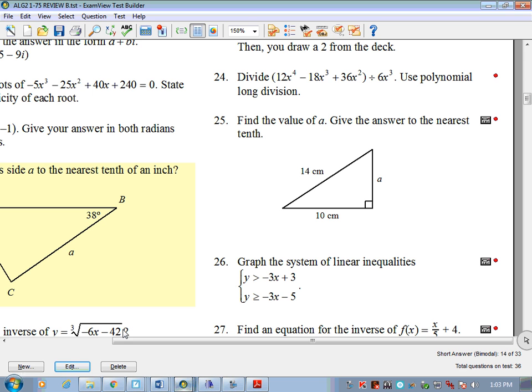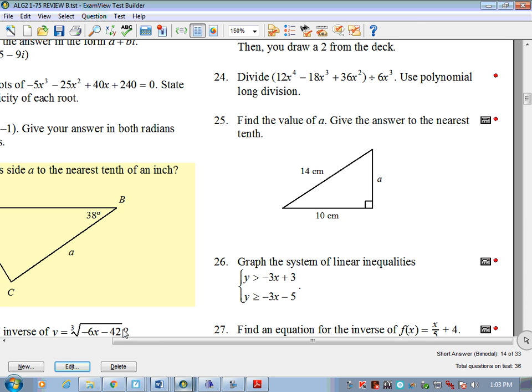All right, number 25 says find the value of a, give the answer to the nearest tenth. I'm going to assume that I was right on number 24. Did anybody go down to the answer key and check that out? It was right. All right, number 25, how might I go about finding that?